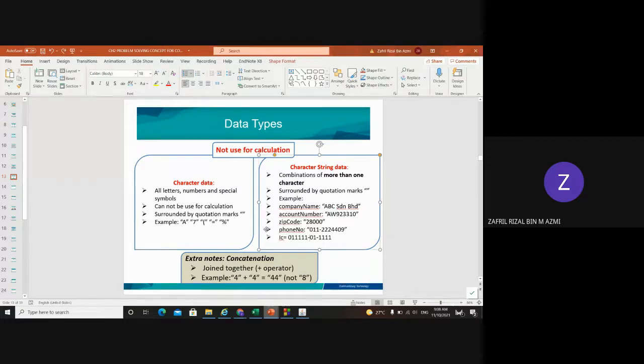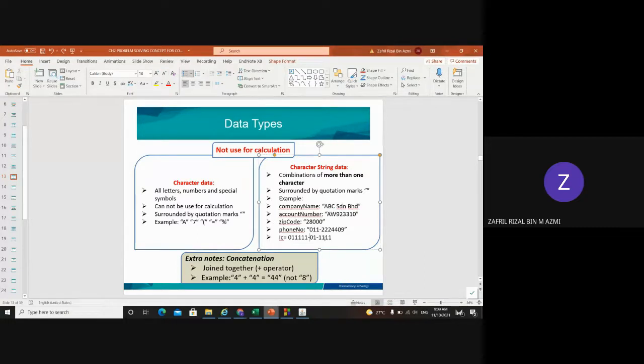You cannot differentiate. That's why I say that at the beginning of your program, you need to define whether the variable is numeric or non-numeric. How you define it, that one later on.